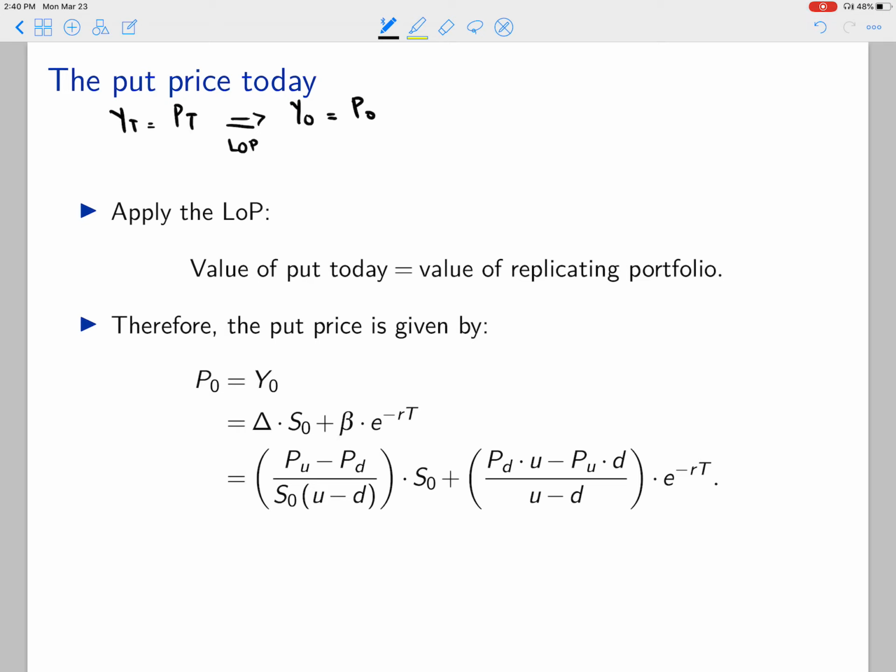Okay, so what we can do is we can just find the put price by plugging in our values. We know that Y0, given down here, for the put price is equal to owning delta shares and beta bonds.